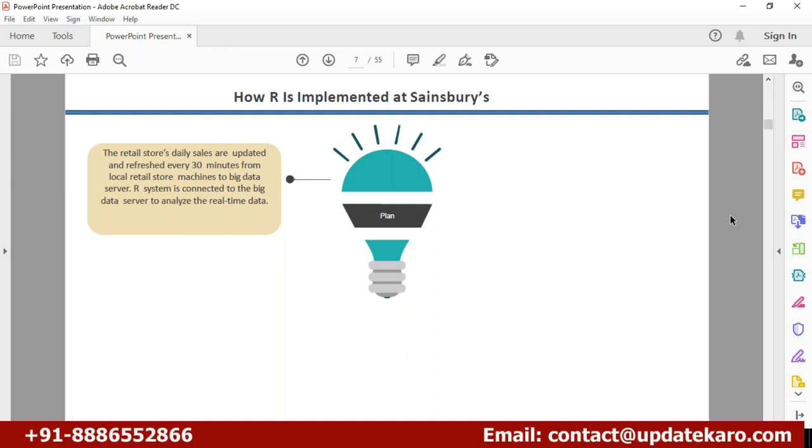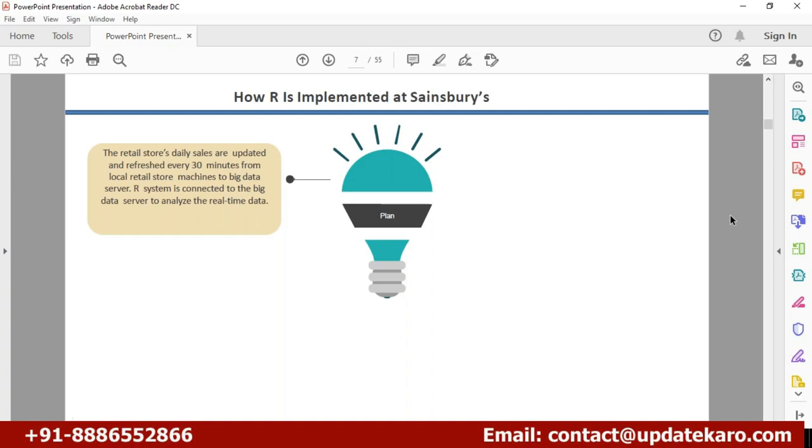That is where the success of this supermarket lay: introducing R software into their ecosystem. And what R did, the retail stores' daily sales are updated and refreshed every 30 minutes from local retail store machines to the big data server.